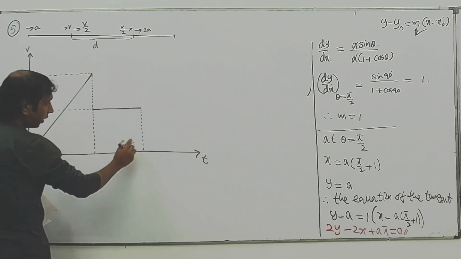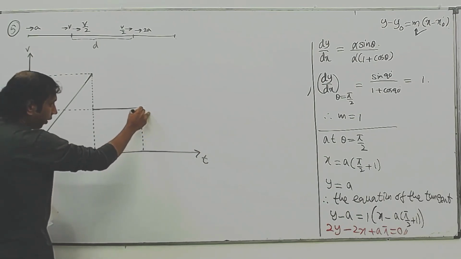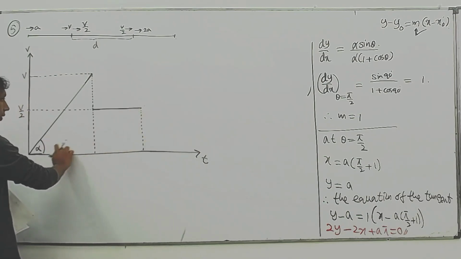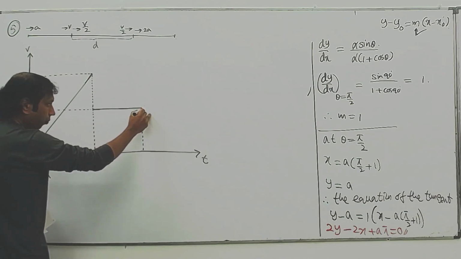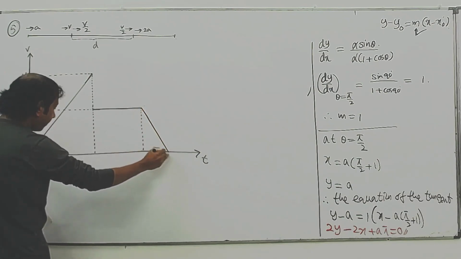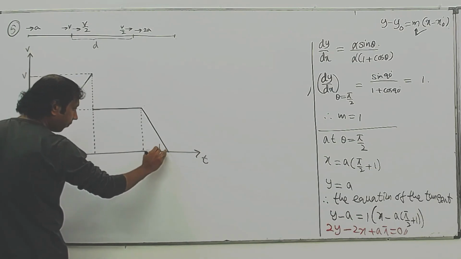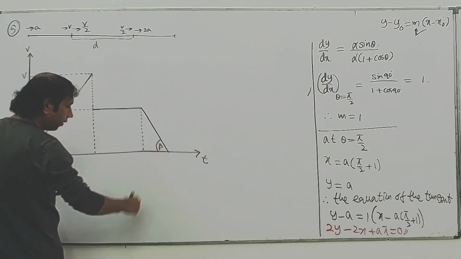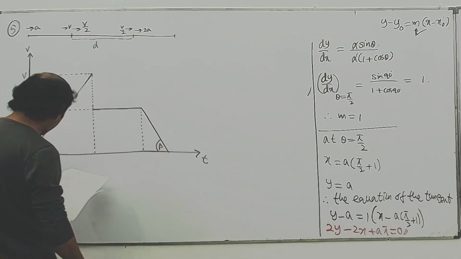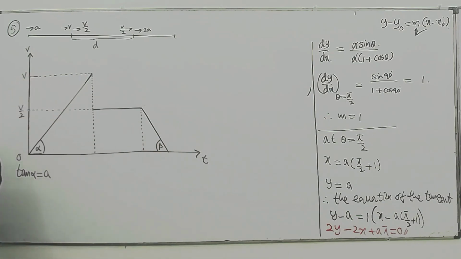Thereafter, it begins retardation 2a. Therefore, the inclination representing the retardation 2a should be greater than this alpha. Let us take this angle as beta. Tan beta is 2a, right?